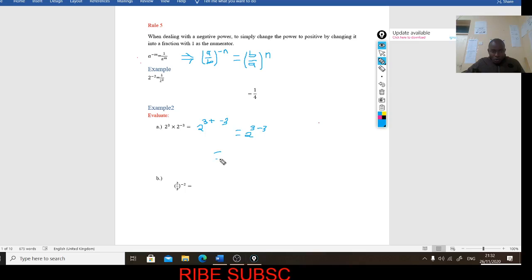This gives you 2 raised to power 0. Our first rule said that any number whose index is 0 is equal to 1. So that is how you solve that.